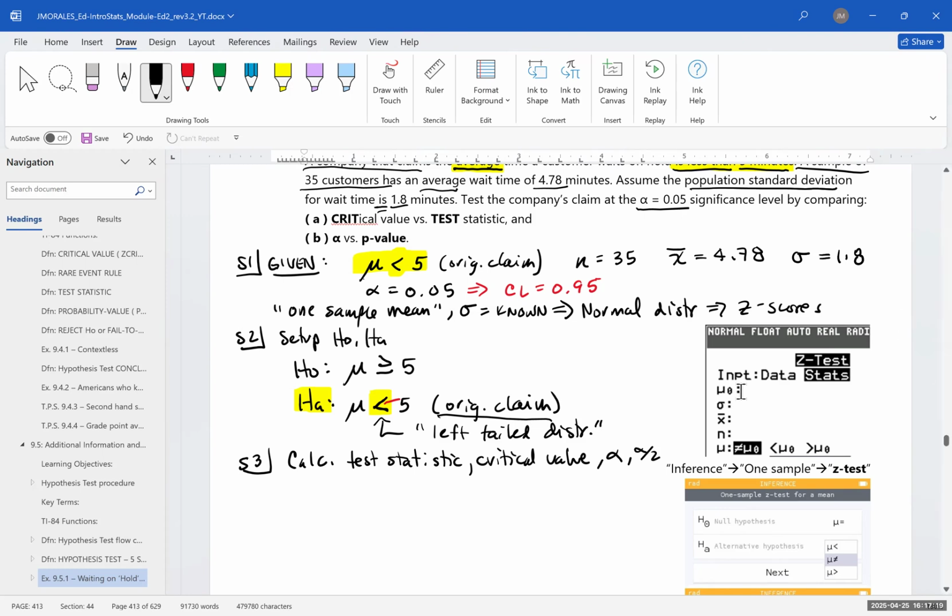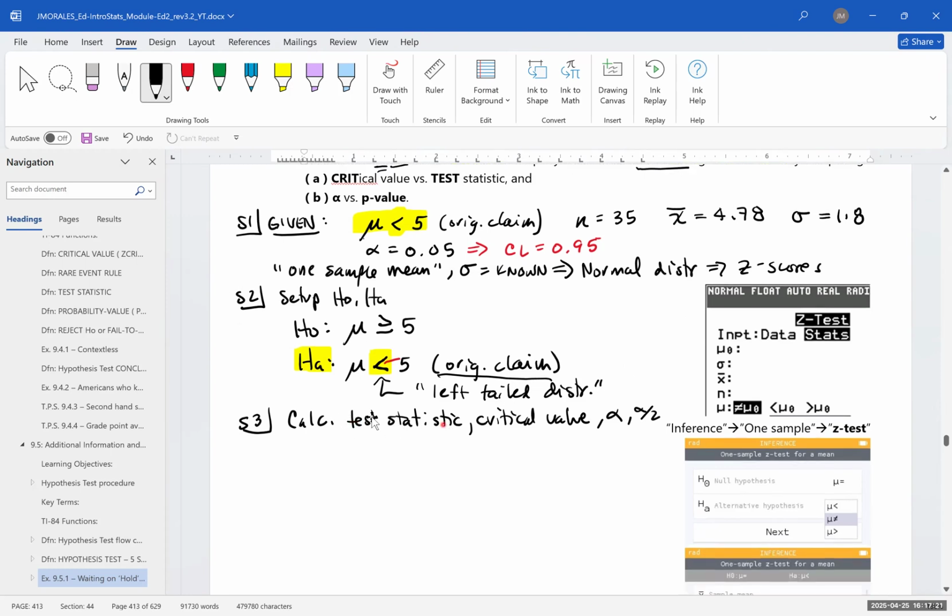All right, in order to calculate our test statistic, remember that the z-test statistic normally had a formula. And that was at the very beginning, I think, of this chapter. But instead of using this formula, we're going to use a z-test calculator function.